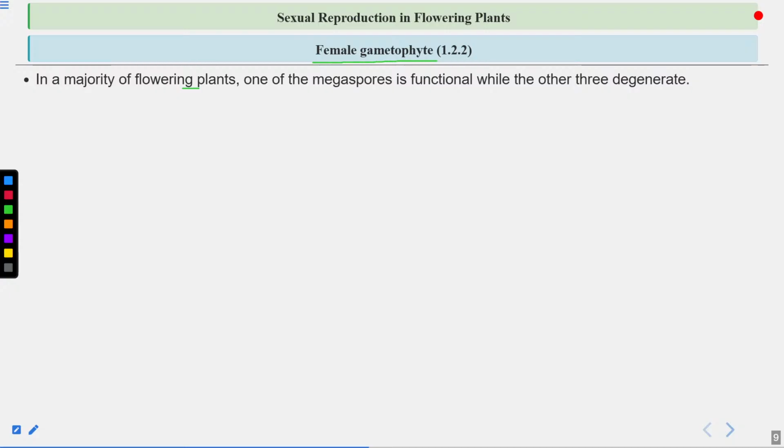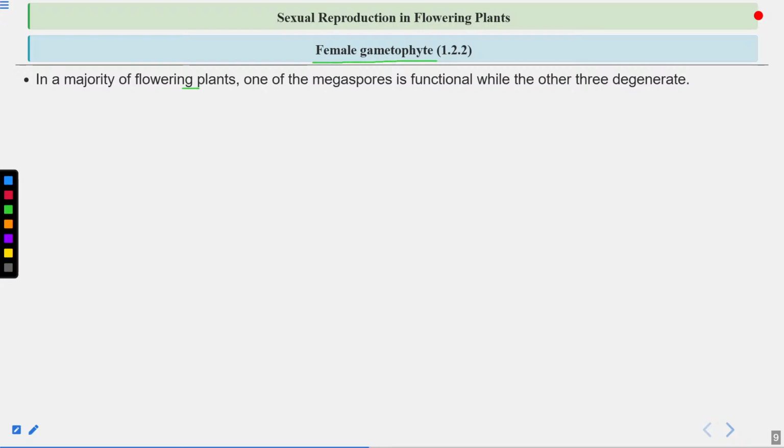The point where the funicle is attached is called the hilum. The nucellus is present in the center, the main round oval structure, and it is surrounded by coverings called integuments.